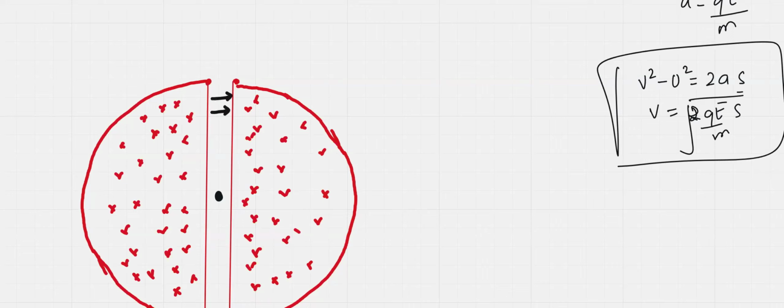This is my electric field, and after this I have the electric field like this. Just think with a small pencil. Now, just take a small random charged particle and keep it here. Right now it doesn't have any velocity.